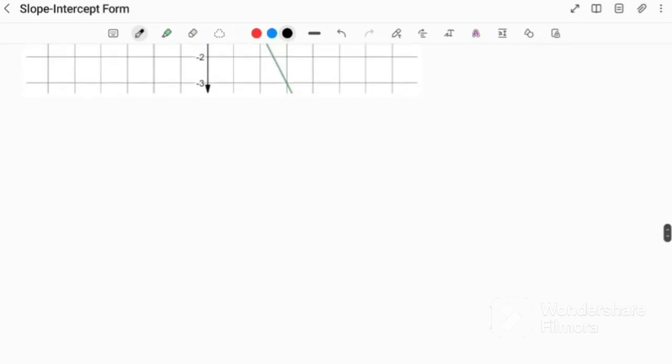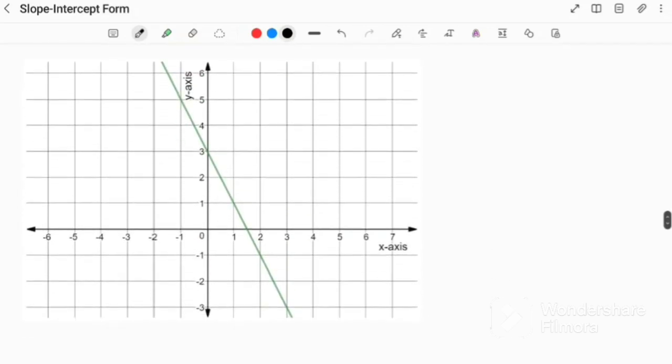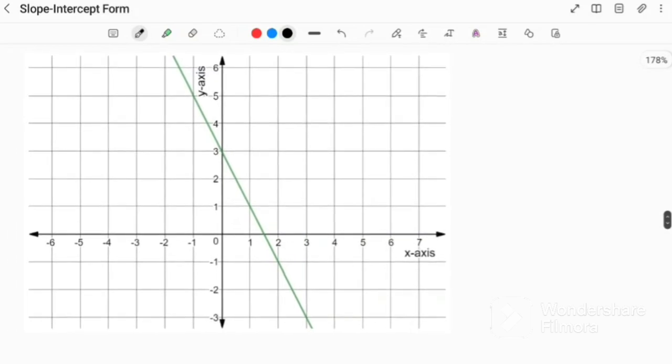So this, I believe, is the last example. Go ahead and give it a try. You can pause the video. I'm going to go ahead and solve it right now. I'm going to pick 2 points. Just to make this a little different, I'm going to pick a point that is not on the y-axis. So the first point I'll pick is this one right here, 1, 1.